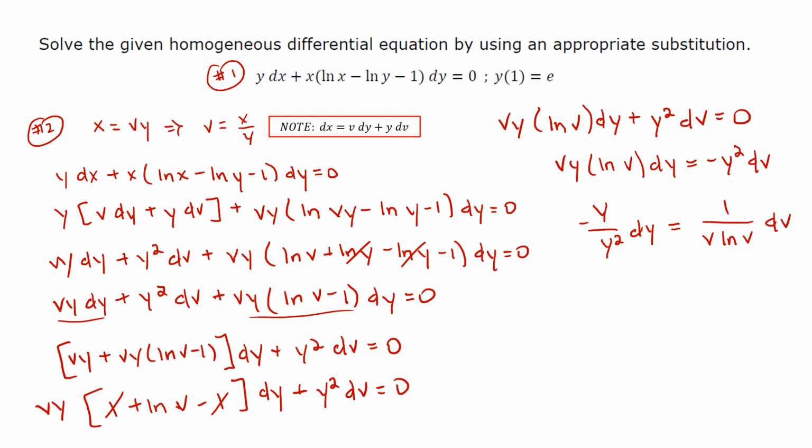And then I can simplify. So this is negative 1 over y dy equals 1 over v natural log v dv.